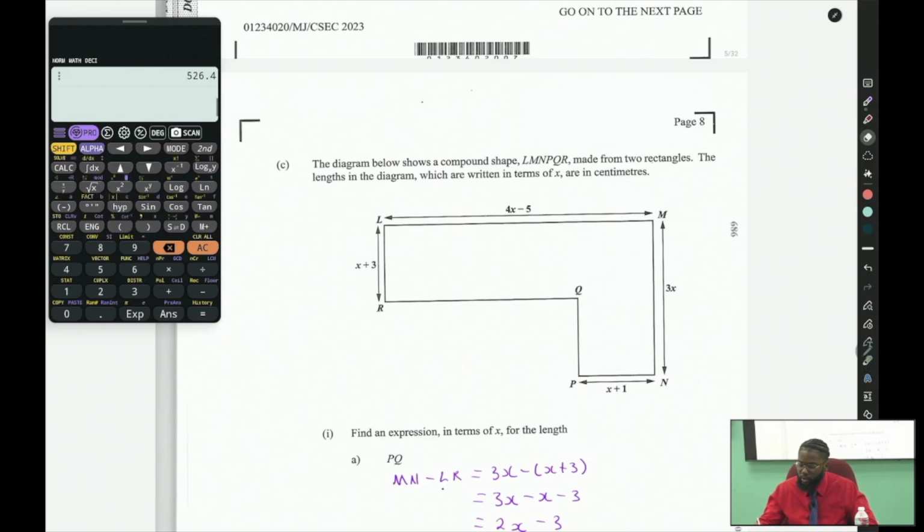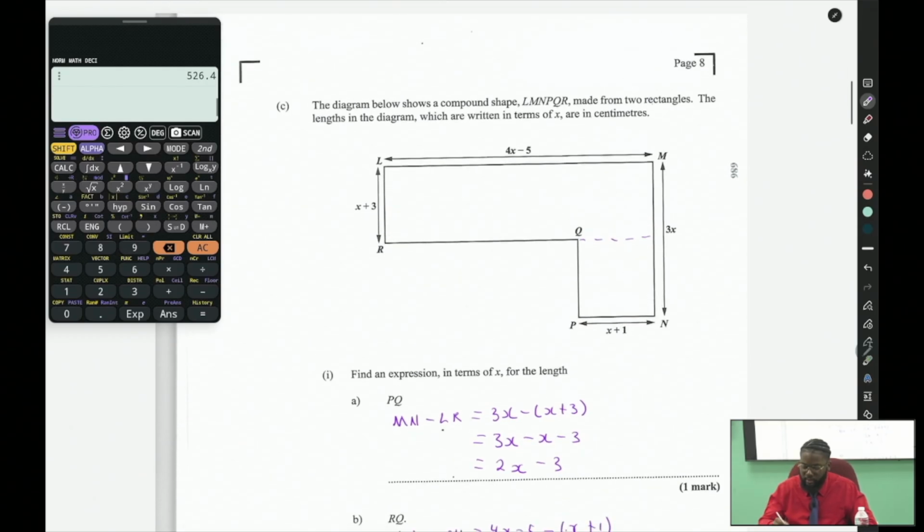It's up to you how you want to do it. You could do it either vertically, or horizontally. I'm choosing the horizontal. So let's call up here rectangle A and down here rectangle B.